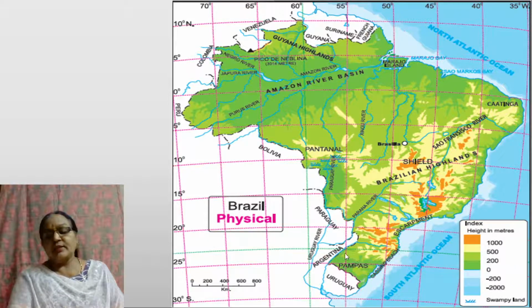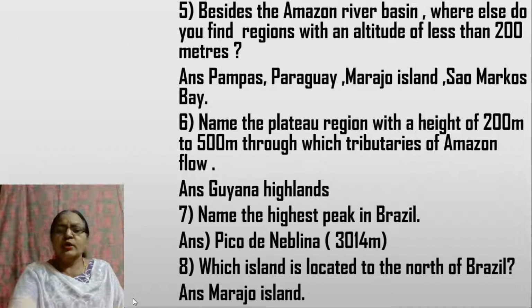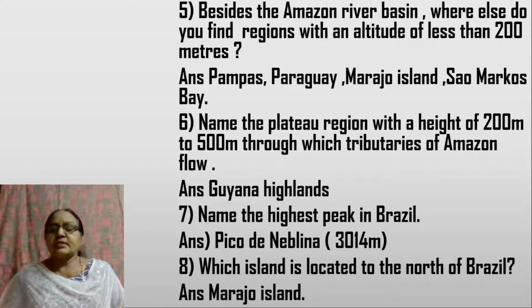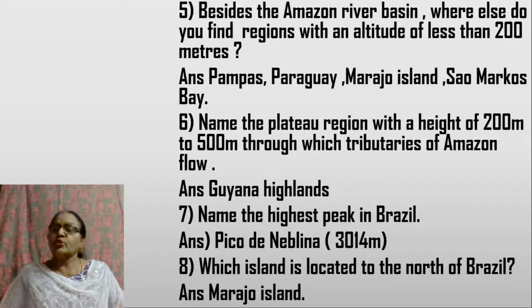You can find the same here in the Pampas region. You got it? So the green color, the region which has an altitude of less than 200 meters, is seen in the Pampas, the Paraguay, Marajo Island, São Marcos Bay, etc.